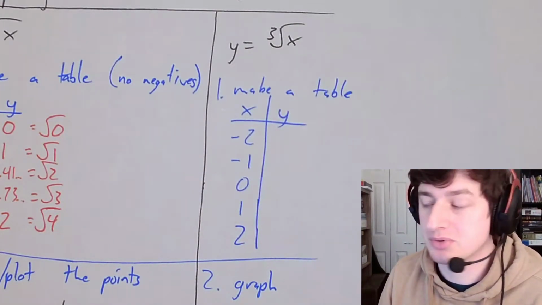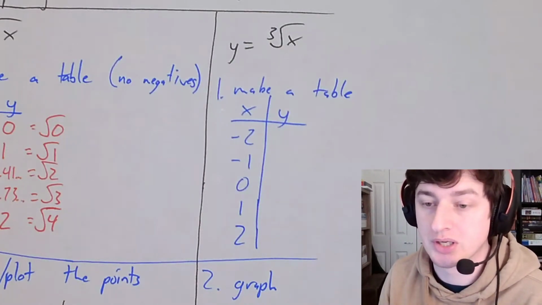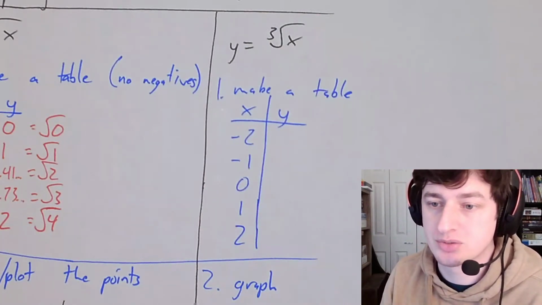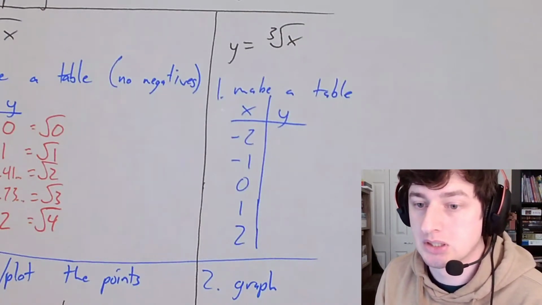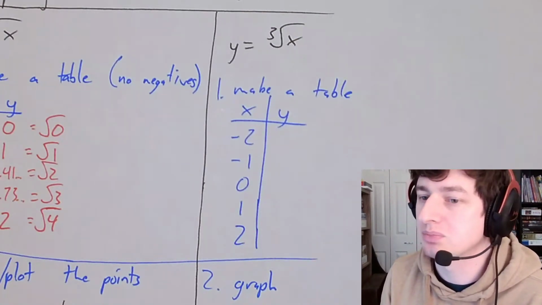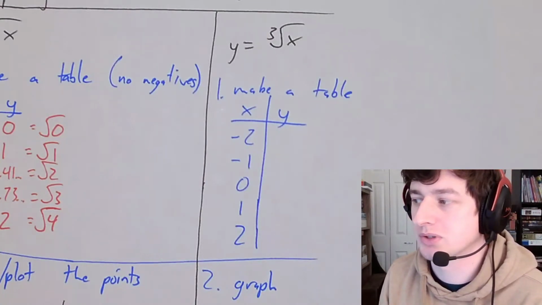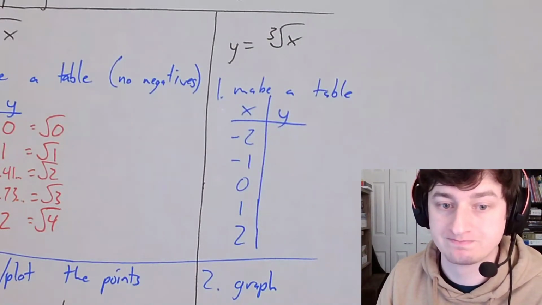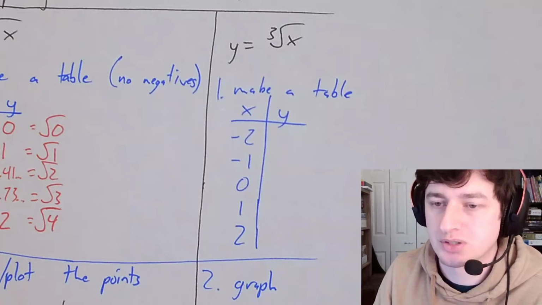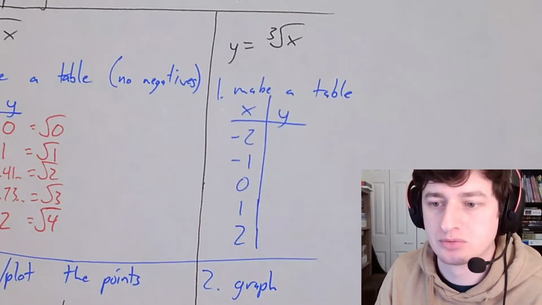So all the other numbers in between 0 and 8, 1 through 7, are decimals. So our graph is not going to be perfect. We're not super concerned about it being exactly perfect, but we do want to get close. And we'll check in on Desmos. We're going to type it into Desmos and see what the cube root function looks like.